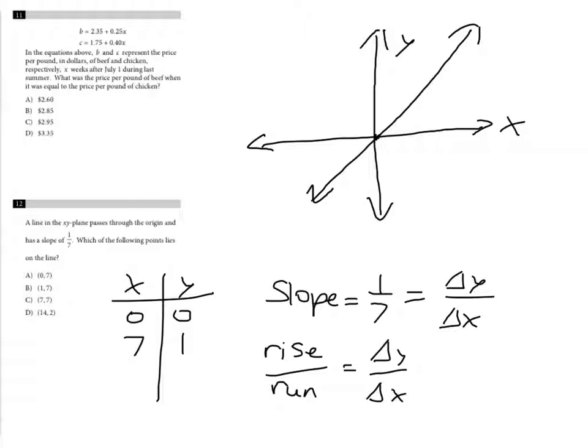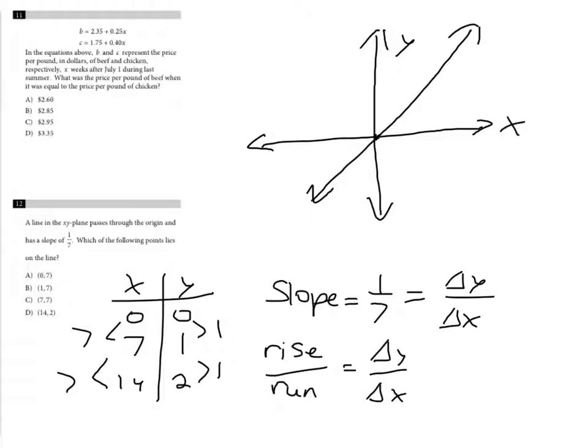What to do now? Well, when I've done these test prep sessions in the past, this is where people just stop, maybe freak out a little bit, and don't know what to do. Well, a linear function just goes on for infinity, so let's just keep going. If my slope stays the same, and this has a change of 1 and this has a change of 7, well, this next part should have a change of 7 as well, and the same thing here, a change of 1.